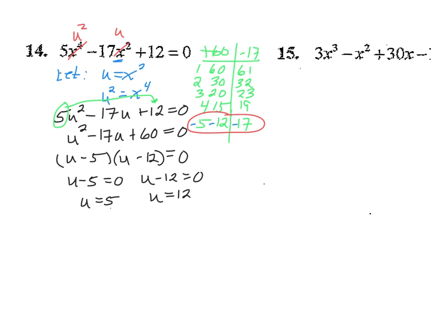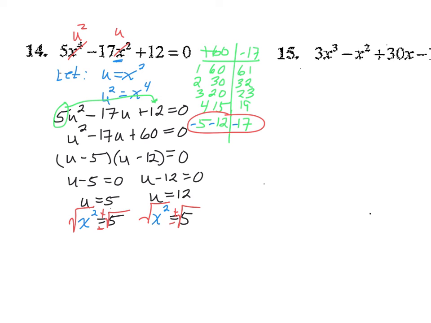Replace your u's with the value of x squared. So we've got x squared here and x squared here, and then equals 5 and equals 12. Solve for x, take the square root of both sides, plus or minus.